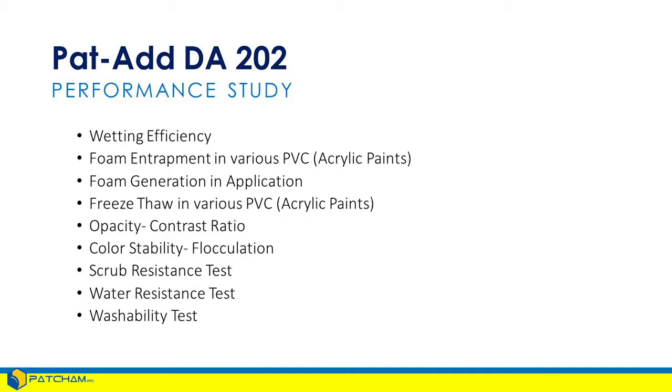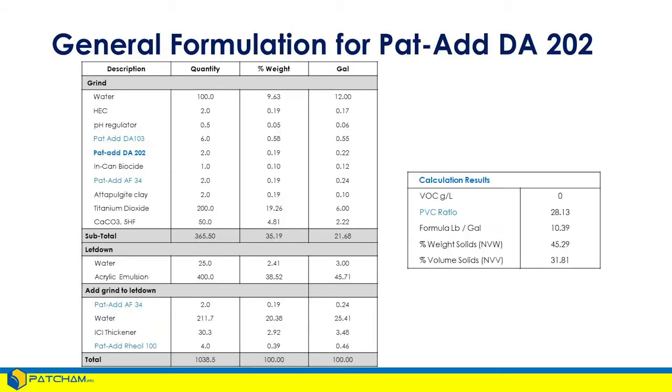Remember, I did mention that the DA202 is more resistant to loss of water for dehydration, and also more resistant to rehydration, when it's introduced to water after the film is dried. This is a formulation we used, and we selected to use all petchem additives.